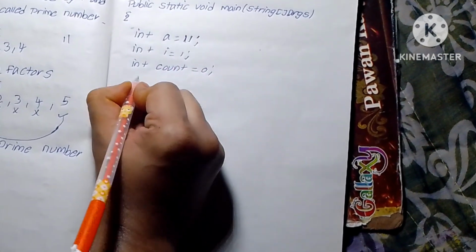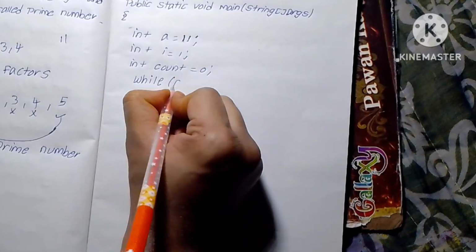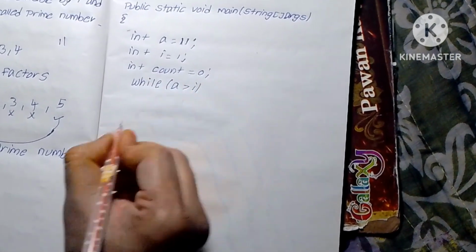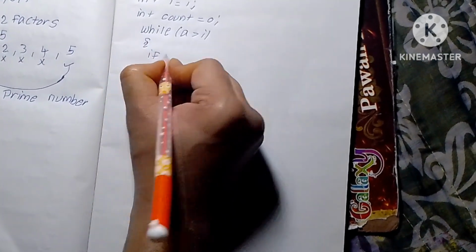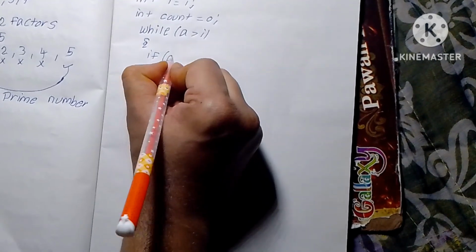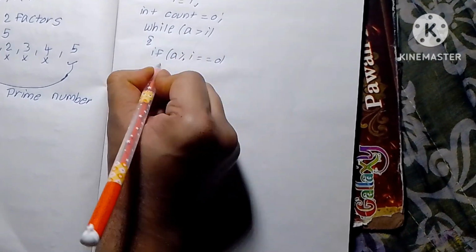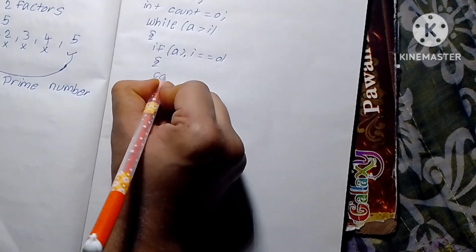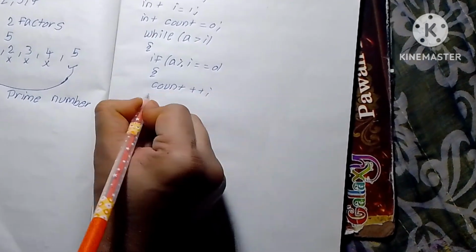I'm going to start a while loop. The while loop condition must be a greater than or equal to i, and I'm going to give an if condition a modulus i is equal to 0.